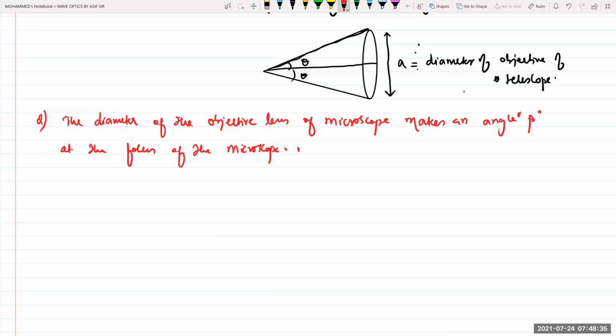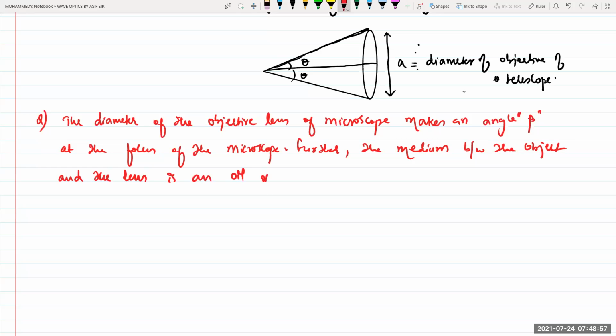Further, the medium between the object and the lens is an oil of refractive index n. They have given n instead of mu.